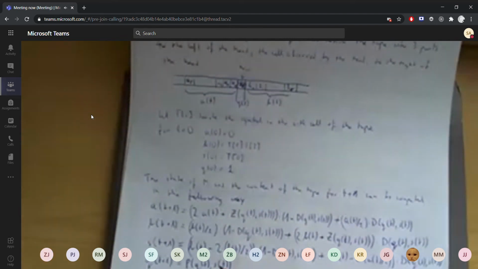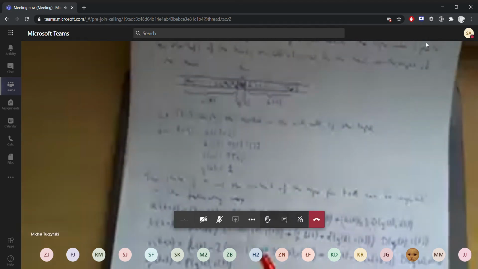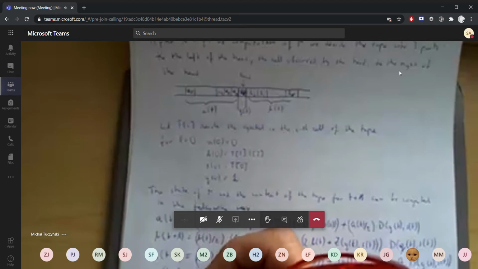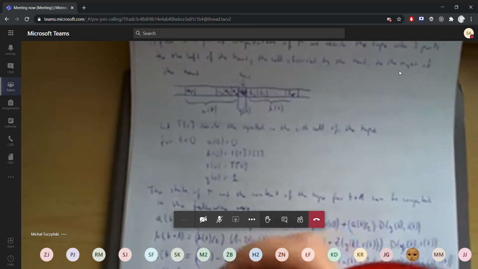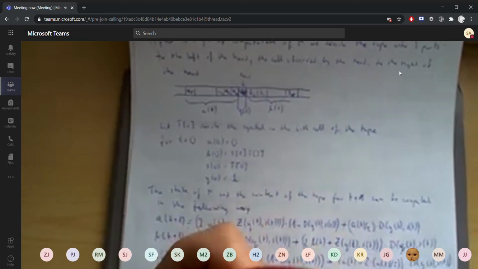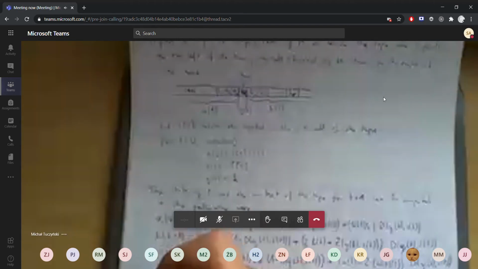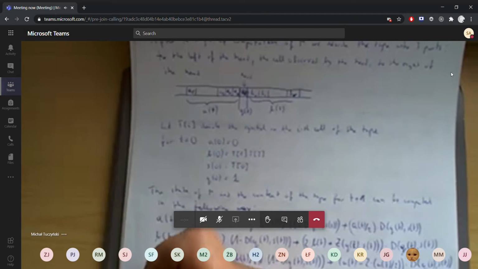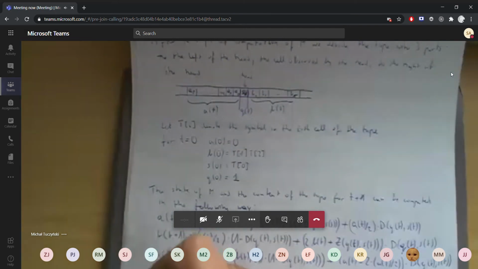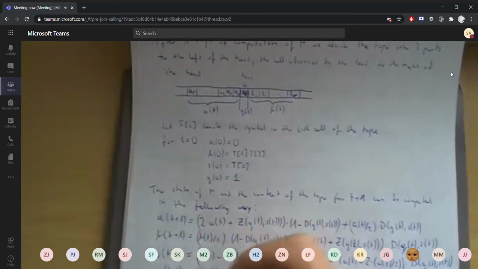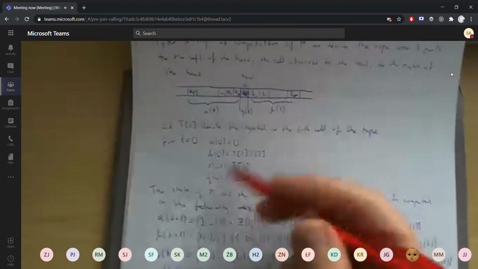And now, if we define these functions, then what is the result?